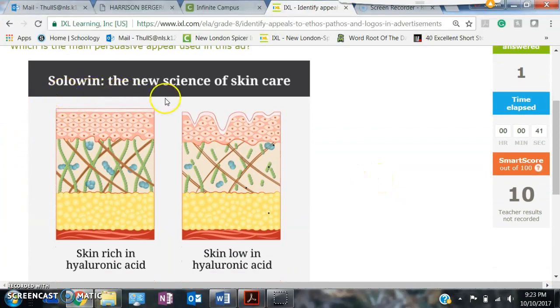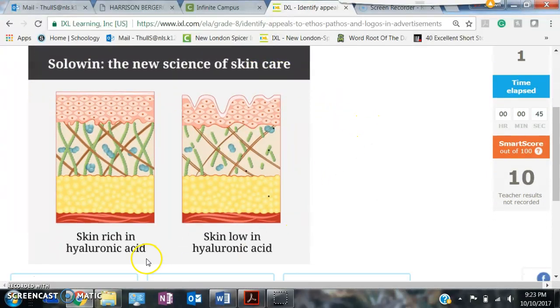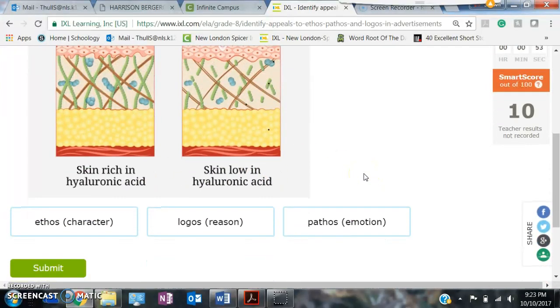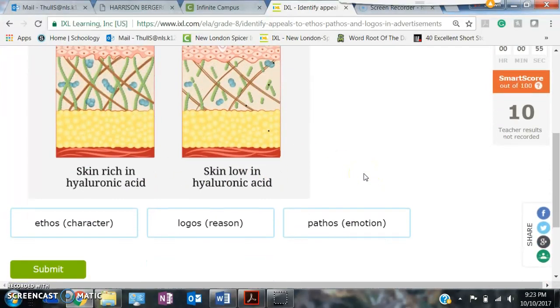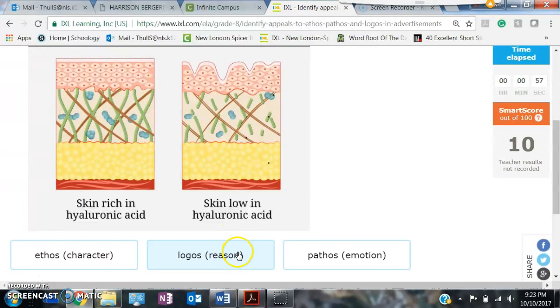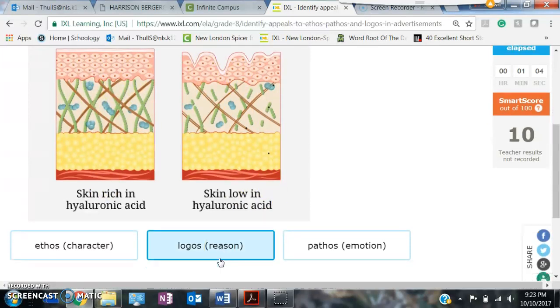So SoLo-Win, the new science of skincare. Skin rich in hyaluronic acid, skin low in hyaluronic acid. Okay, so the pictures are a little bit different. I think this one is again logos. I think it's another reason because it looks like this skin is better than this skin.